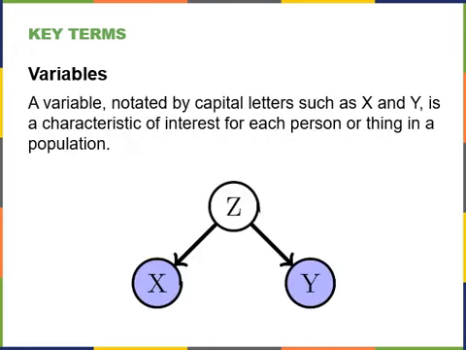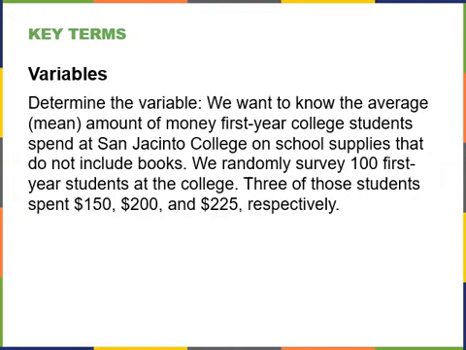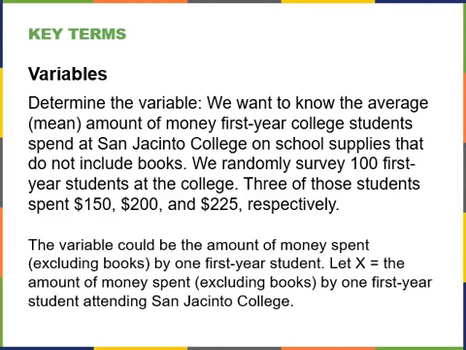Variables. A variable, notated by capital letters such as X and Y, is a characteristic of interest for each person or thing in a population. Typically, if we want to determine the variables in this example for San Jacinto, our variable could be the amount of money spent by one first-year student.